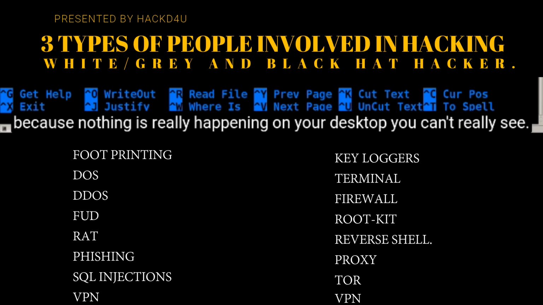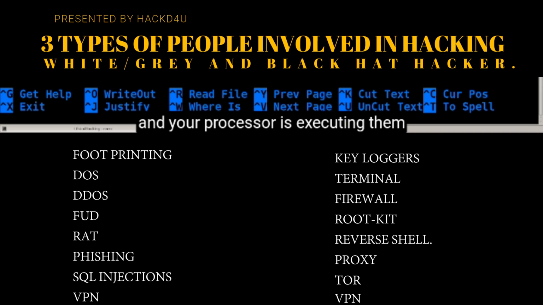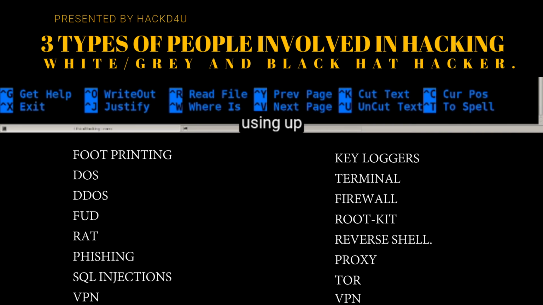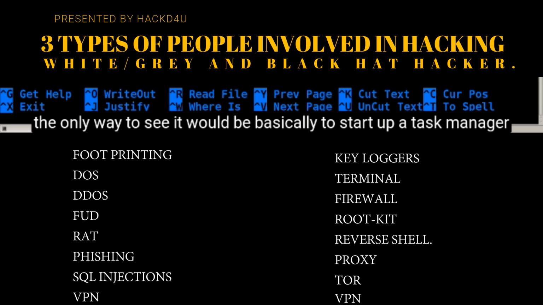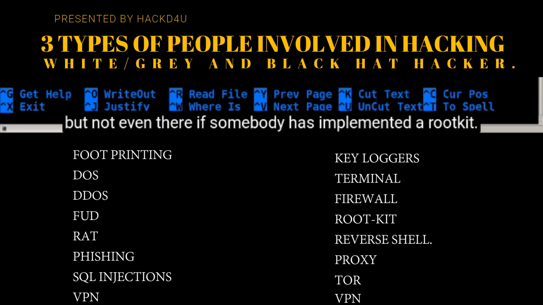All the processes are being run in the background, using up your processor. The only way to see it would be to start up a task manager and look at the running processes, and perhaps you could spot it there, but not even there if somebody has implemented a rootkit.